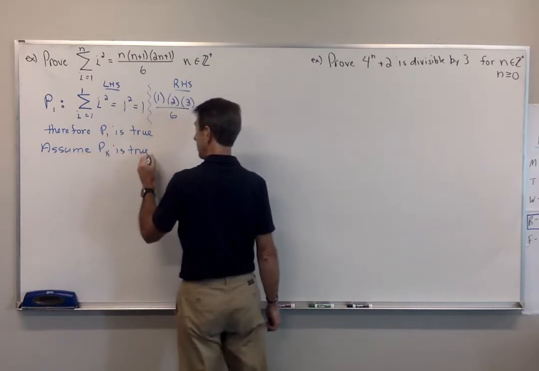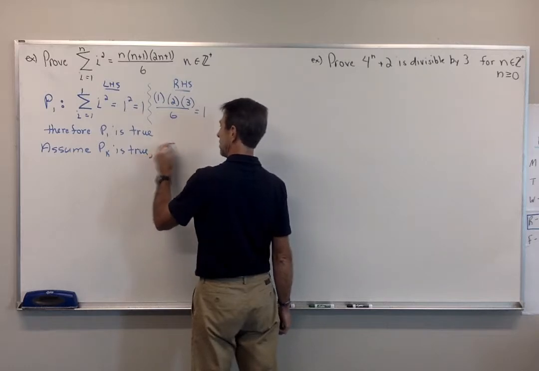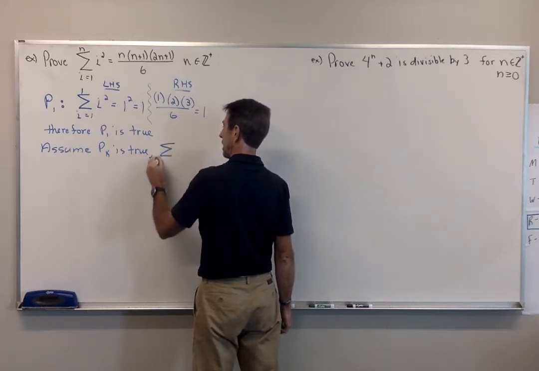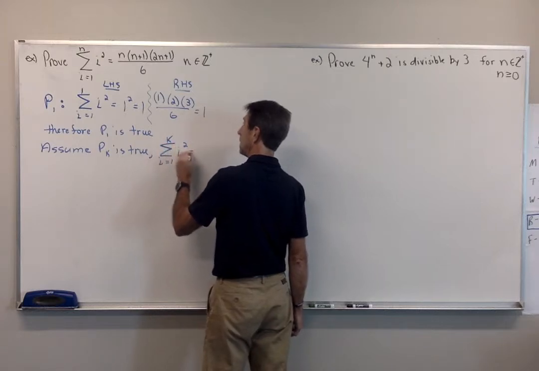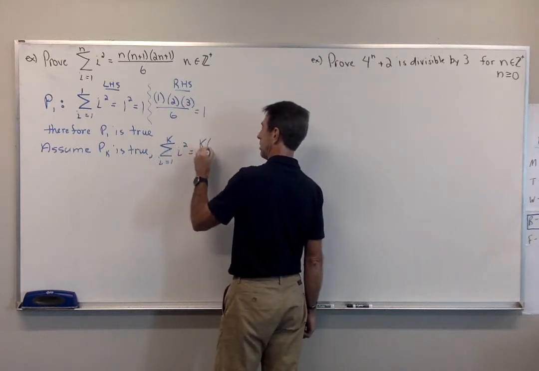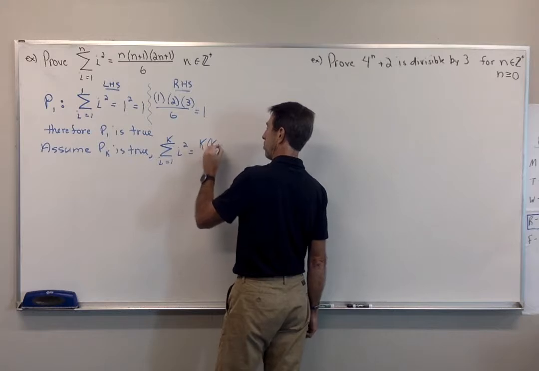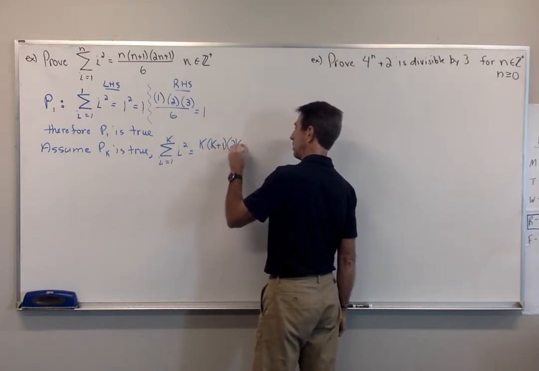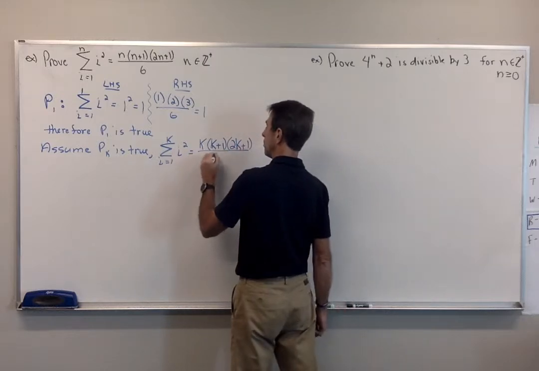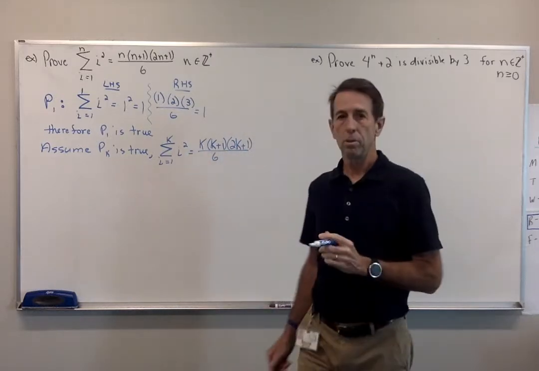What that means is that the sum as i goes from 1 to k of i squared is k times k plus 1 times 2k plus 1, all over 6.